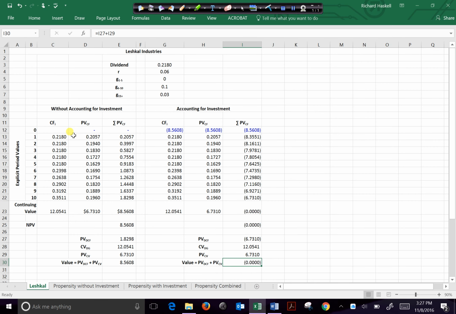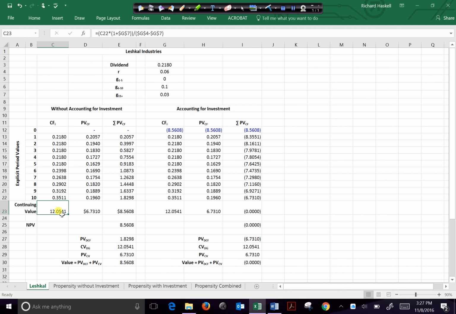In this case, we don't have an investment put in here, but notice that we've got these income values, and they are expanding each year by 1 plus G, where G is 0, so they're just expanding at 1, which is no expansion at all, until we get out here to year 6, and now they're expanding at 1.1 for each of the years until we get down to year 10, and that creates our explicit period.